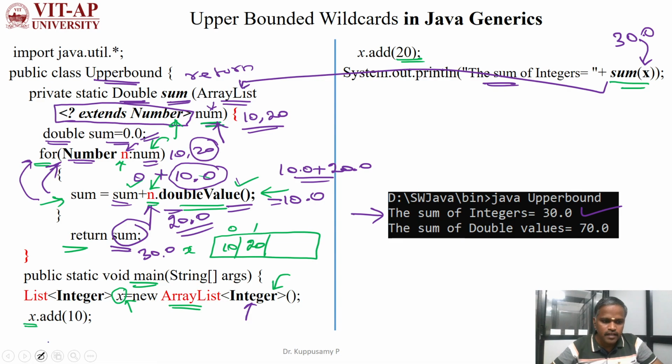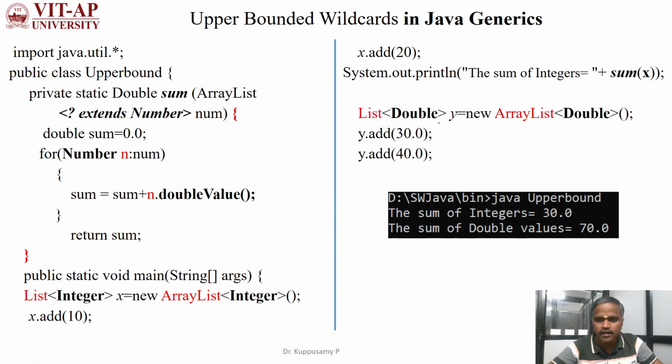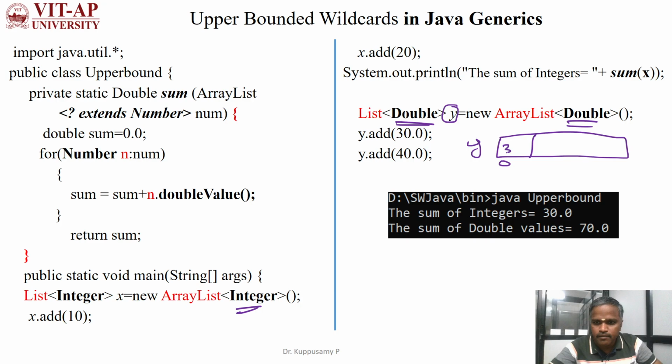Next, you see I am passing double values. Previously I used integer values. Now I am using double values, declaring this object as a Double object. So y is creating the ArrayList. At the 0th index we are adding 30.0.